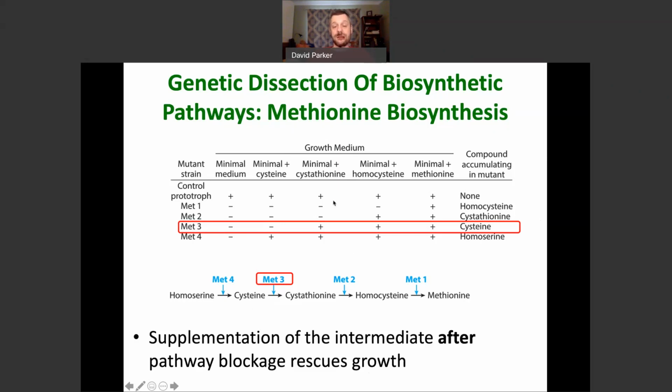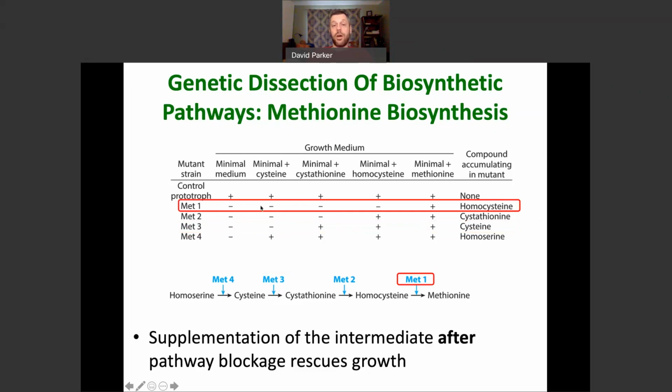And you can look at that, and you can actually figure out where MET3 is in this pathway, because essentially, if you add the intermediate after the pathway is blocked, it grows. And if you add the intermediate before the pathway is blocked, it doesn't grow. MET1, for example, doesn't grow on any of these media where you add any of the intermediates. It only grows on methionine, which means it must act here in the pathway, because if you add this, it can't grow, and if you add this, it can't grow, and if you add this, it can't grow.